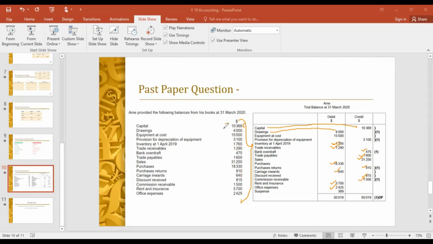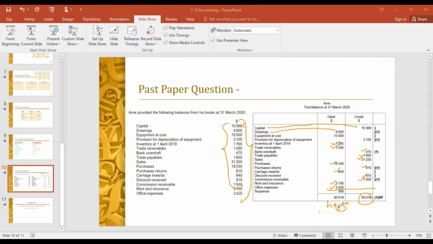Once you put all these balances in your trial balance, till here, your trial balance credit side total is 50,090. And when you total the other side, except suspense, because suspense is not given in the question, you will get the total as 49,650.